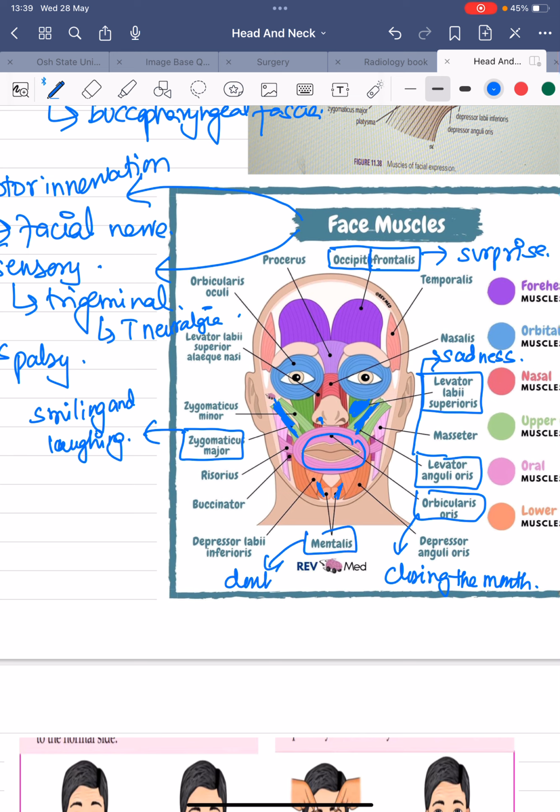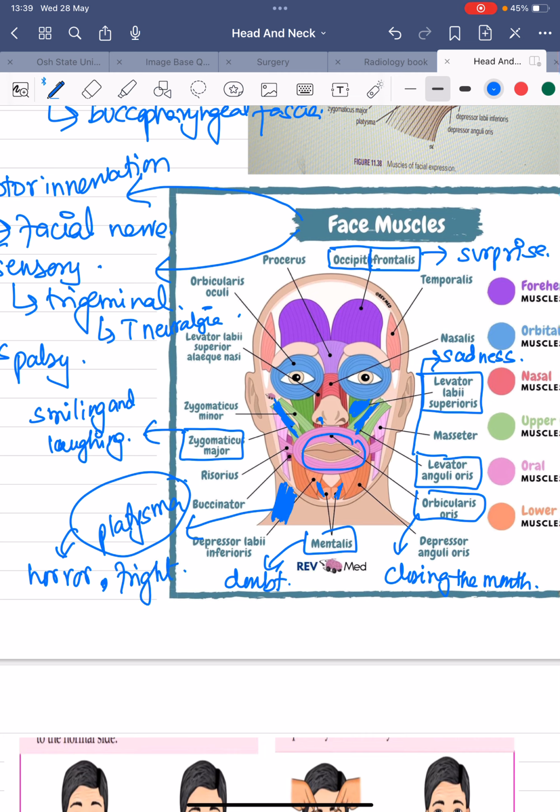There is one more superficial muscle not shown in the diagram, the platysma muscle. Whenever there is an expression of horror, or you become frightened by something, it is shown by the platysma muscle.